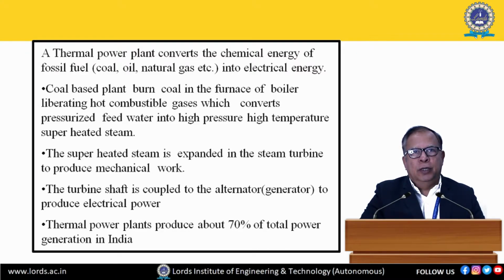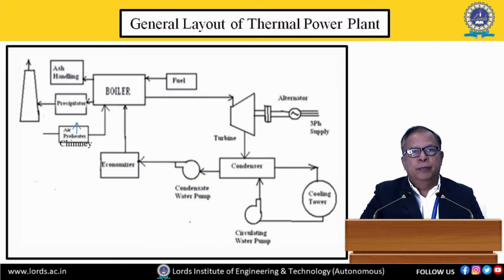This superheated steam is expanded in the steam turbine to produce mechanical power. Then the turbine shaft is coupled to a generator to produce electrical power. Then we can say this thermal power plant produces about 70% of the total power generation in India.